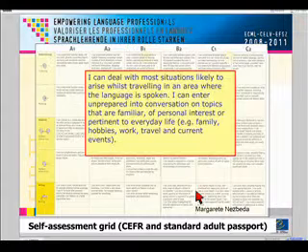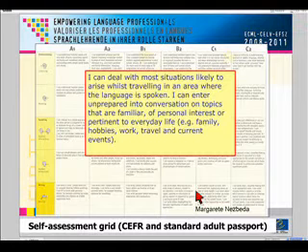I can deal with most situations likely to arise whilst traveling in an area where the language is spoken. I can enter unprepared into conversation on topics that are familiar, of personal interest, or pertinent to everyday life. For instance, family, hobbies, work, travel, and current events.